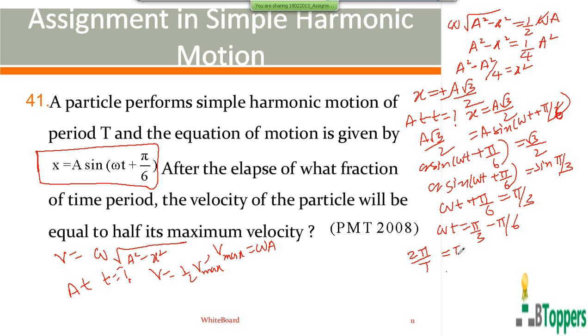So the right side you get pi by 6. So you get small t equal to capital T by 12. That means after 1 by 12 of the time period from the initial instant, the velocity of the particle becomes equal to half of the maximum value.